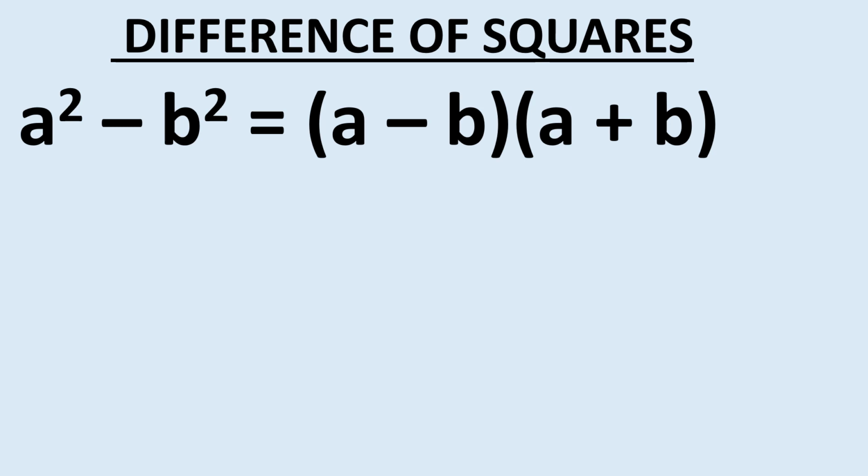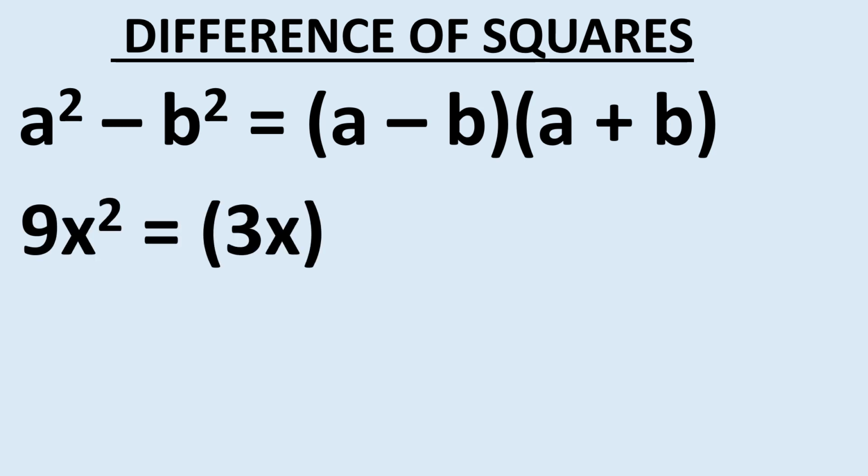So when you have a square subtracted from another square, it is simply factorized as depicted. So a squared minus b squared will be a minus b into a plus b.